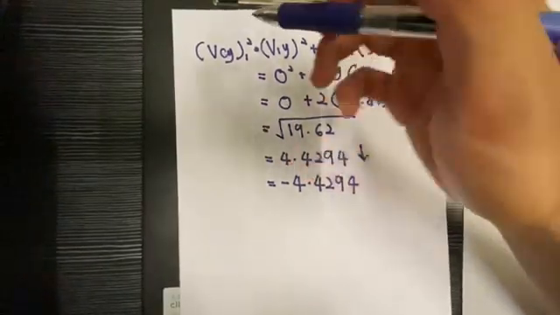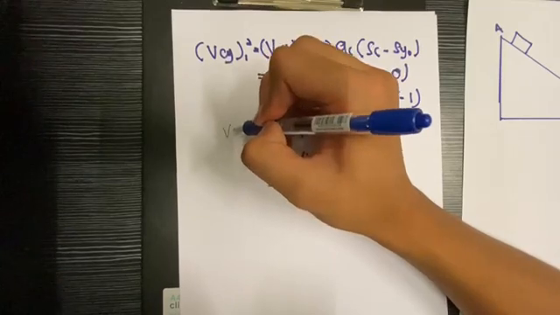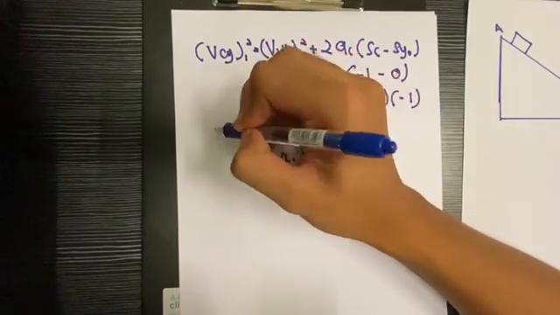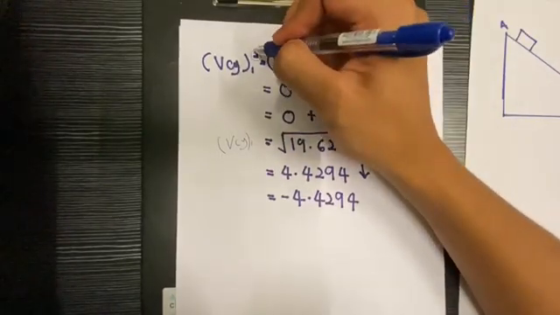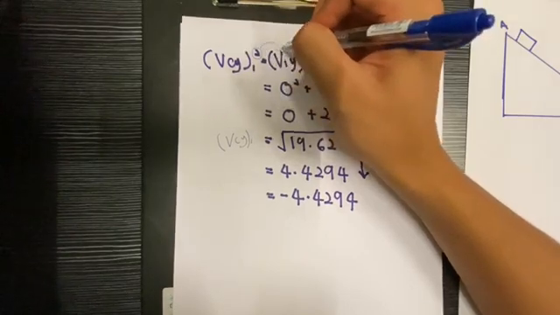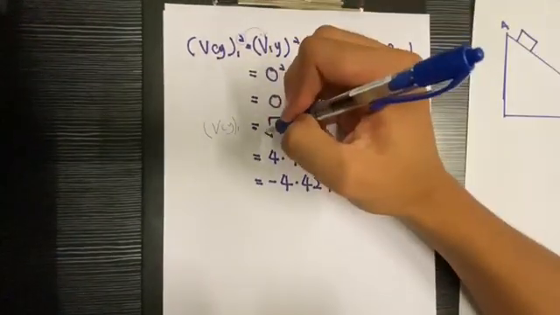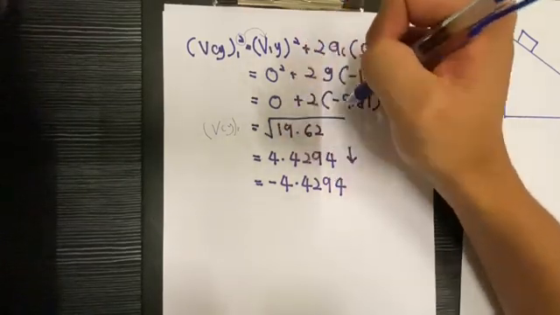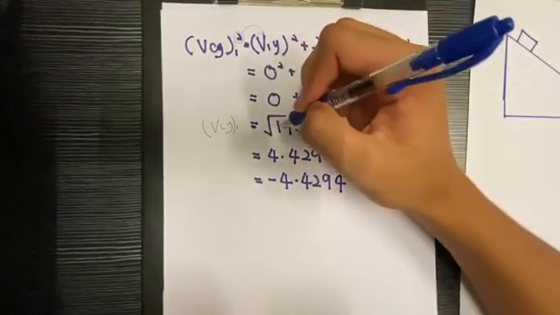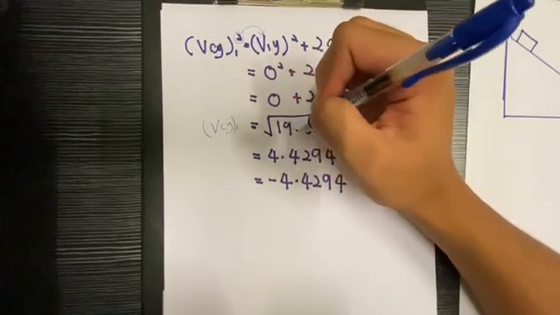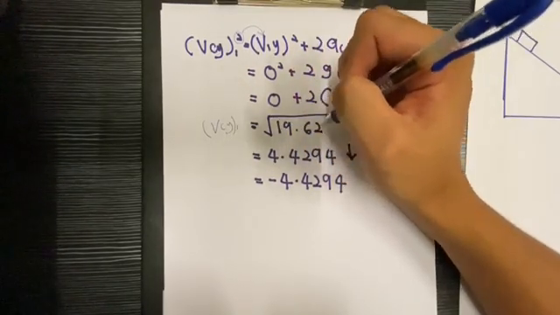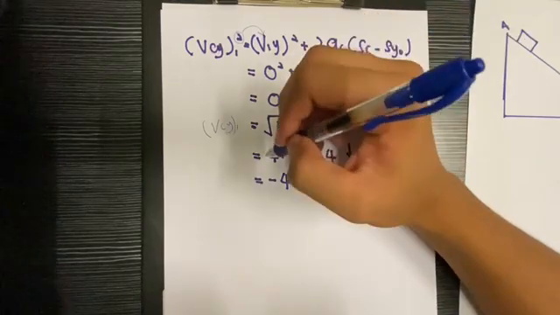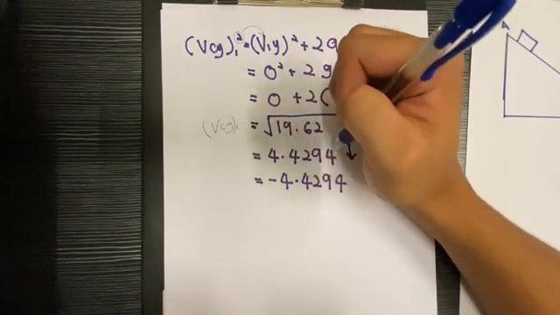So here we get VCY1. Because it has a power of 2, we need to take the square root of the answer. So the square root of 19.62 is 4.4294.